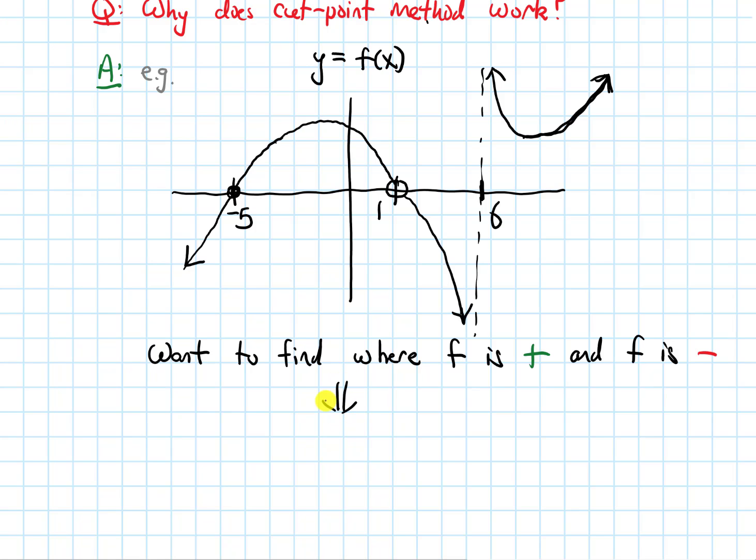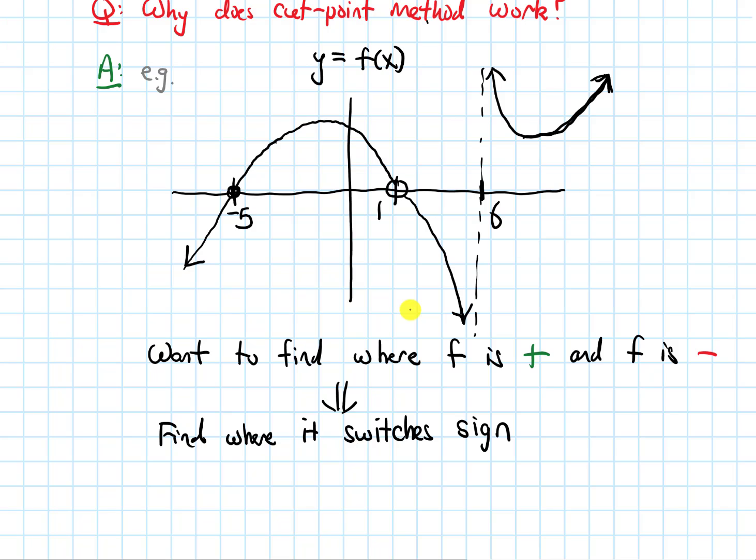And to answer this, we need to find where it switches sign. If we can figure out the values where my function switches sign from positive to negative or negative to positive, we have a really good insight into answering this question.